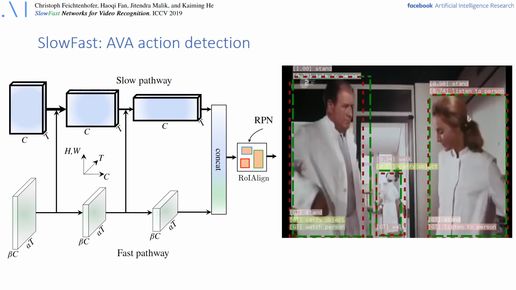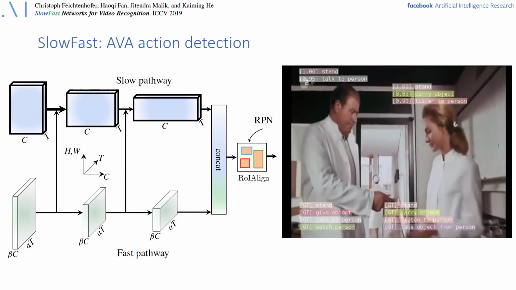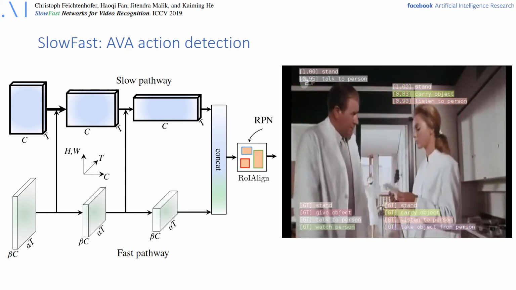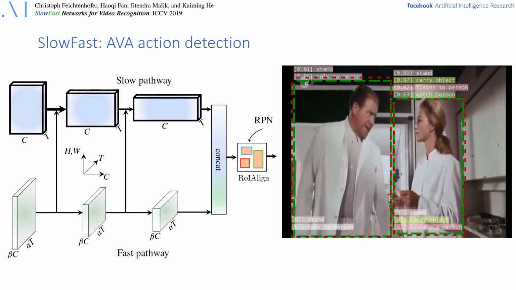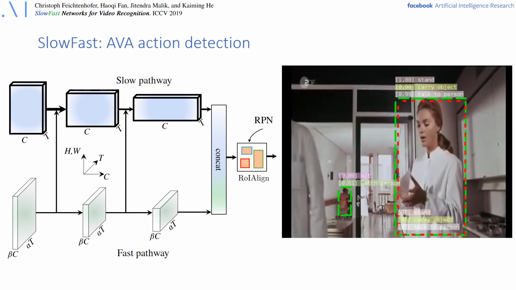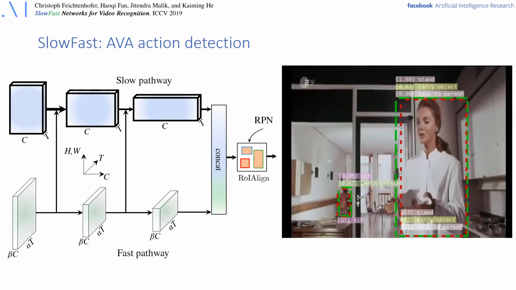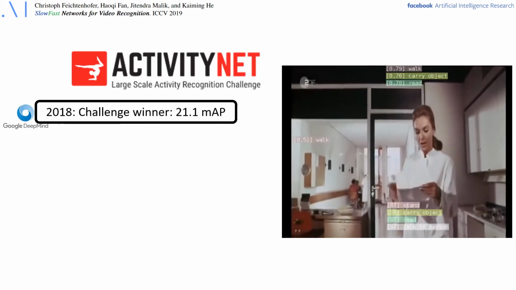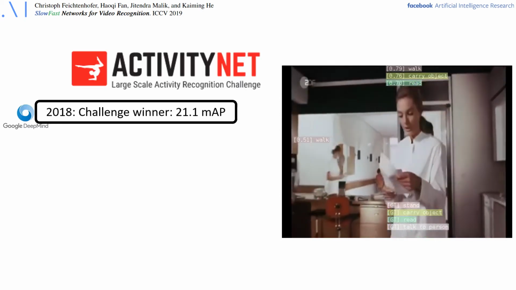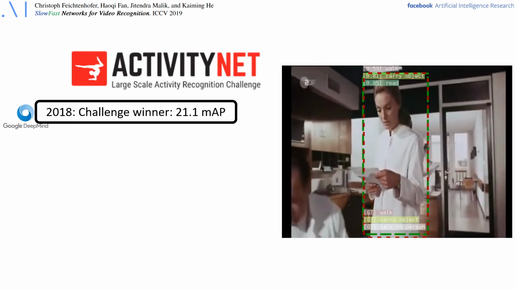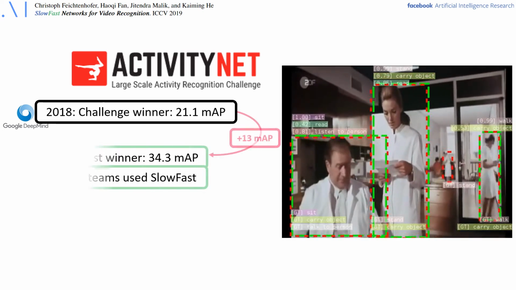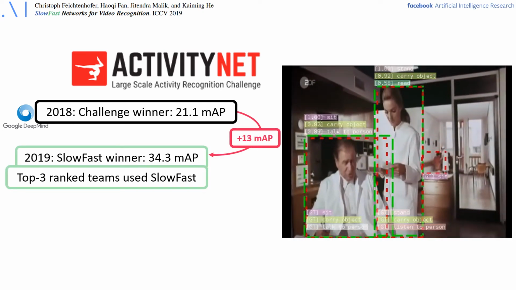The video illustrates the difficulty of this task, as multiple actions have to be localized in both space and time. In comparison to previous work, SlowFast has achieved a significant gain in detection accuracy. We also participated in the ActivityNet challenge last year, where we saw a gain of 13 mAP over the winning approach from the previous year.